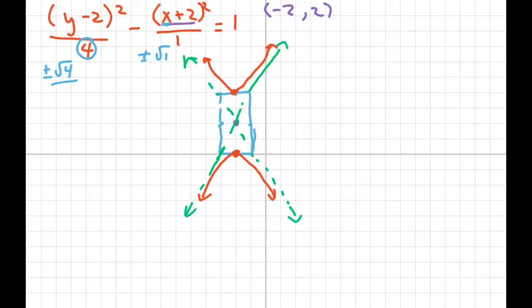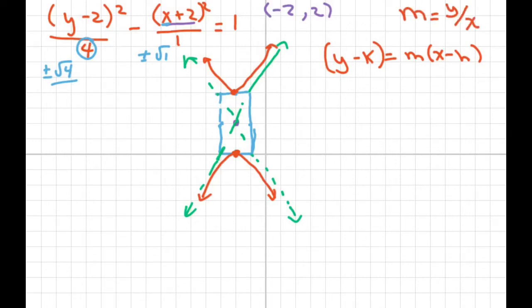All right, so we're going to use point slope form, which is y minus k equals m times x minus h. Well, your slope is y over x. So you can look at the graph and we could go up 2 to the right 1, or up 2 to the left 1, or you could go down and do it that way.